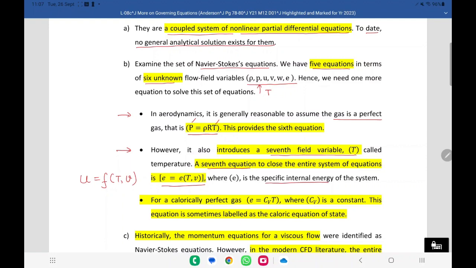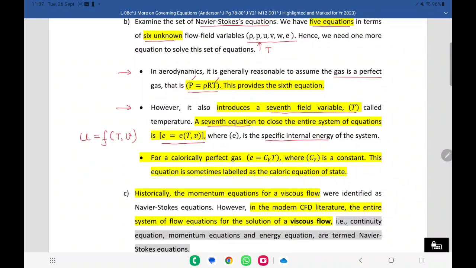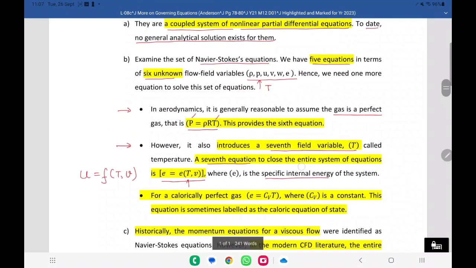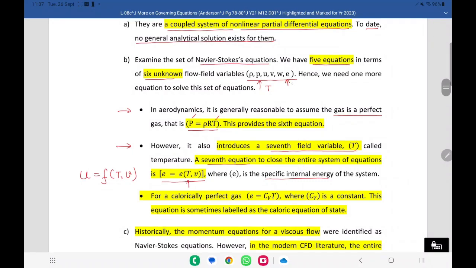Now this volume is a specific volume, so it is nothing but the inverse of density, right? So basically we are writing E in terms of T. Here you find that P and E both are written in terms of T. So if you use this equation, you reduce one variable.